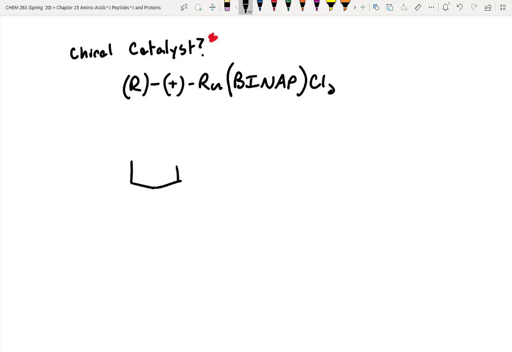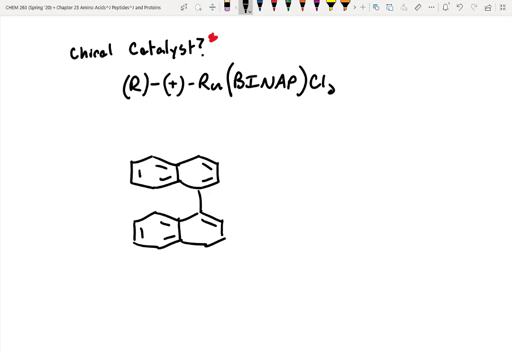The BINAP group is short for binaphthyl, and naphthyl are two fused aromatic rings. And this would be naphthyl, but because it's binaphthyl, we have to have two of them that look like this. All right, so we've got two naphthyl groups fused together.